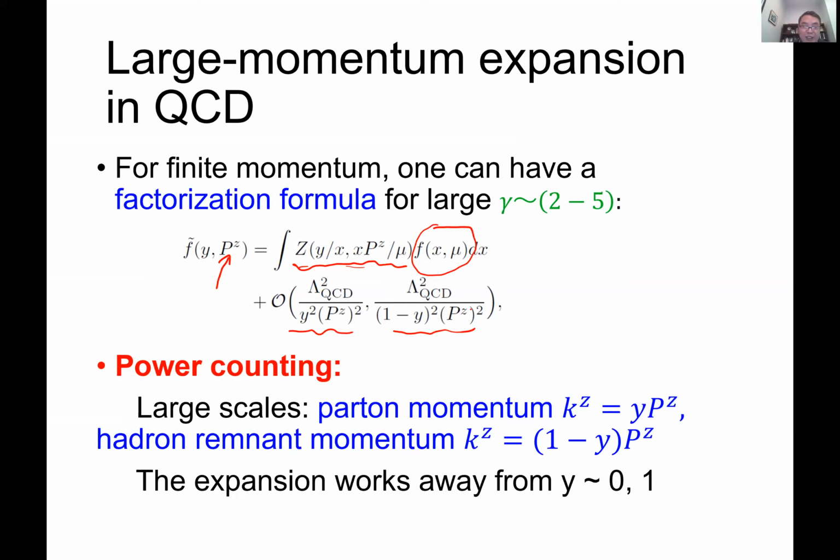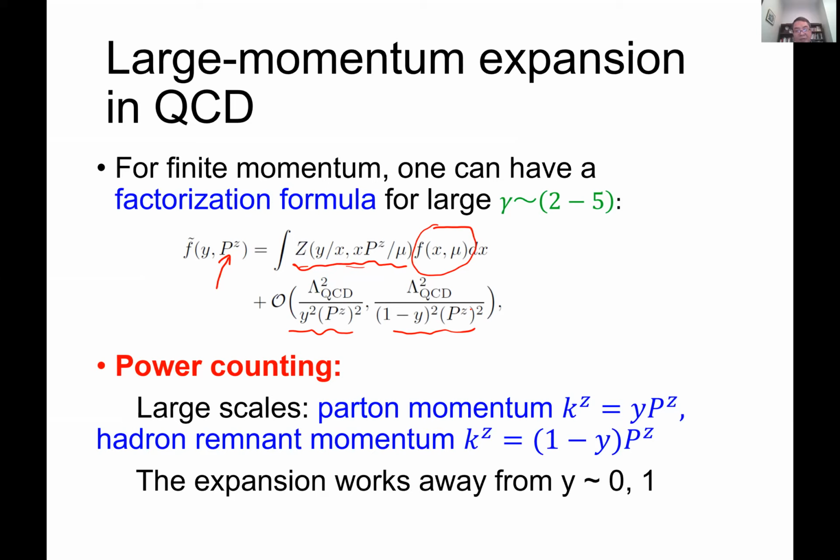Now the power corrections relate to power counting. In any effective field theory, you need to have a power counting. The power counting consists of identifying the scales in your problem, and then you ask what kind of physical quantities you have and what kind of scaling you have. So here, to be conservative, you want to identify the smallest large momentum scale in the system as PZ goes to infinity.